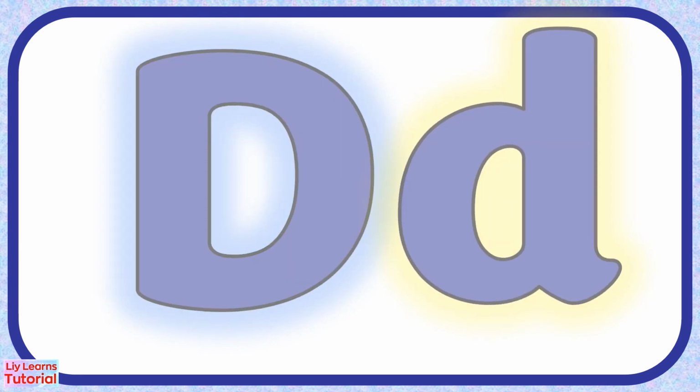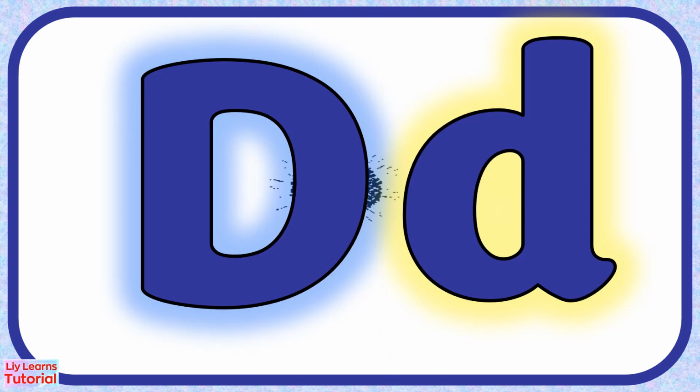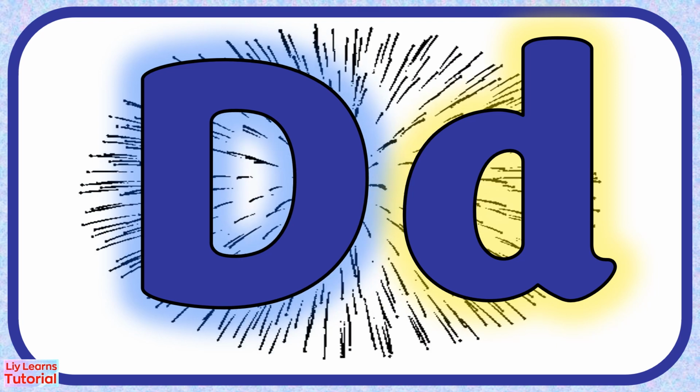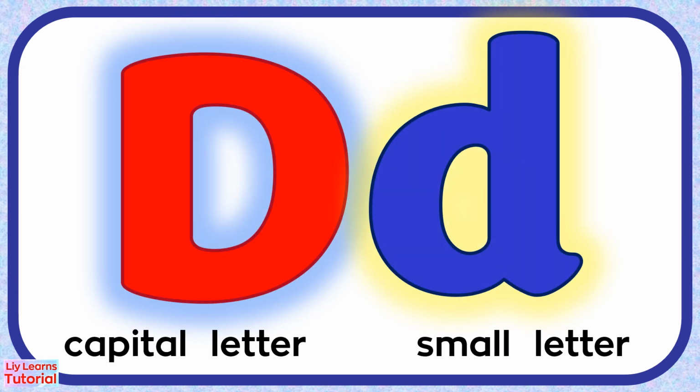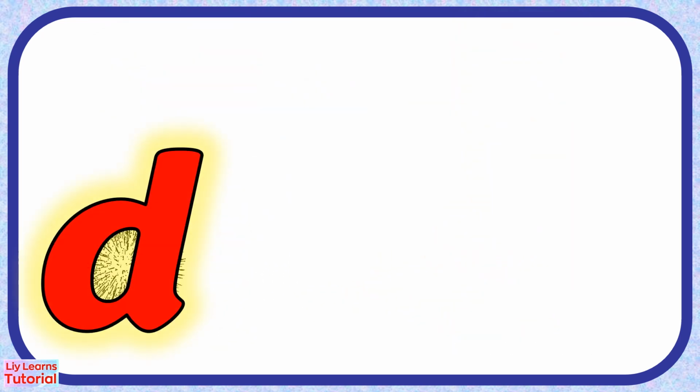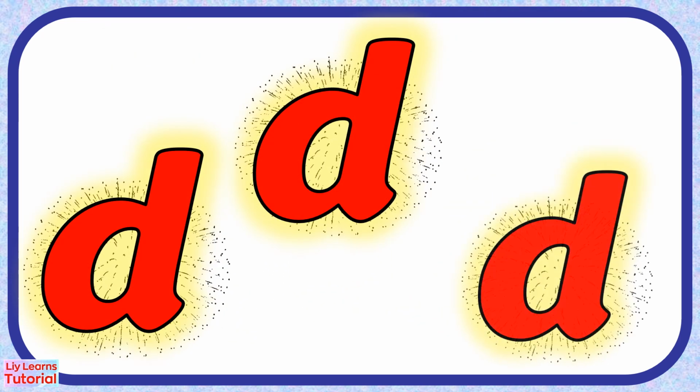Letter D. This is capital letter D and small letter d. The phonetic sound of letter D is D, D, D.